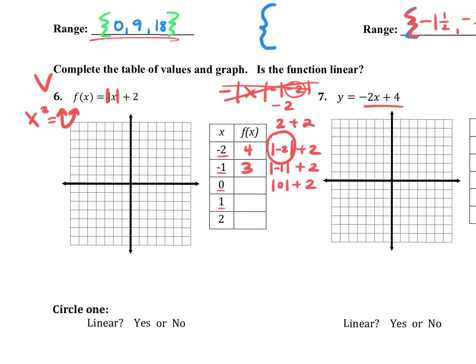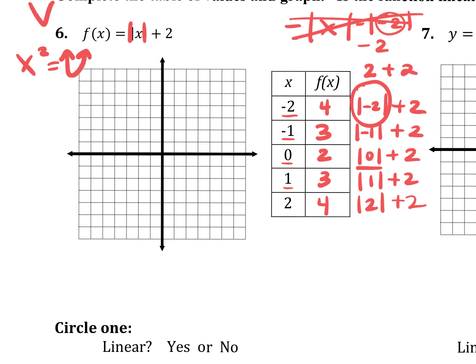No. Okay, so this one, absolute value of 0 plus 2 is 2. Absolute value of 1 plus 2 is 3. Absolute value of 2 plus 2 is 4. Okay, so then we're gonna graph those points. Where do you move for your x values? Left and right. And where do you move for your y values or your f of x? Up and down.